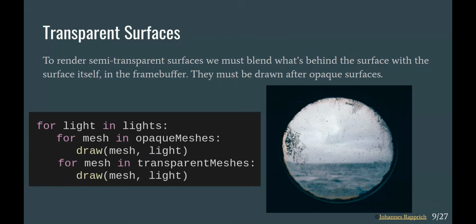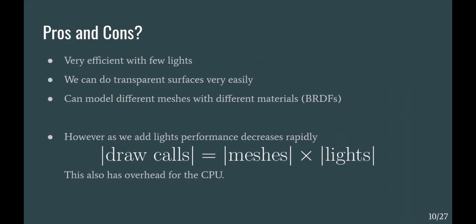And so it's a very natural extension. We don't have to do much extra work to get this effect. And there are a lot of natural phenomena that we can model with very natural, easy extensions. So forward rendering, what are the pros and cons of this?